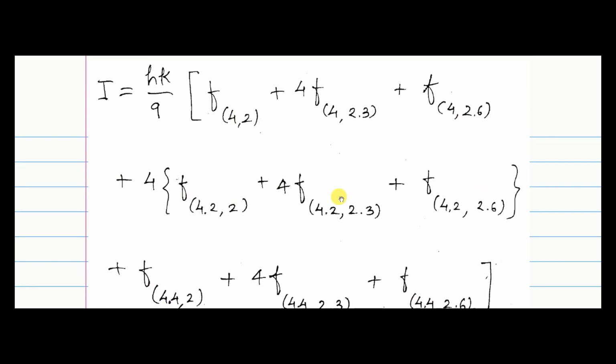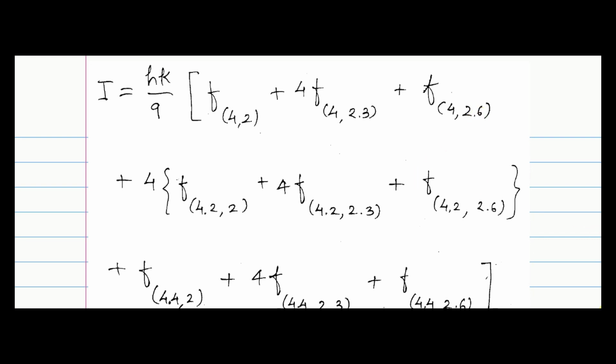In the middle, only a single integral lies here, that is 4 times f(4.2,2) plus 4 times f(4.2,2.3). See here, 4.2 is fixed in the middle entries, but here 2, then 2.3, an increment of 0.3, and again 2.6. Here 4 is fixed, with an increment of 0.3, so the starting point is 2, then the middle point is multiplied with 4, then again a 0.3 increment, so 2.6.